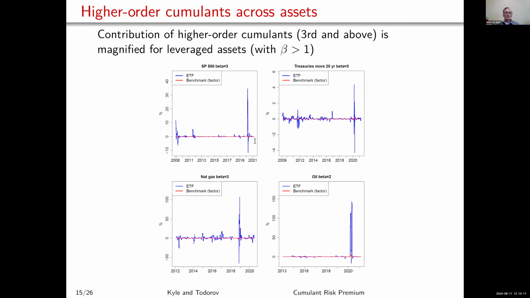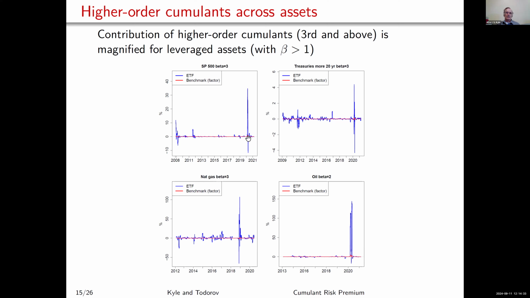And you see it in this picture. If you're levered 3-to-1 and the fourth cumulant matters, it's going to show up as being basically 3 to the 4th power times as important as it would be in the unleveraged strategy. So that's 81 times more important.